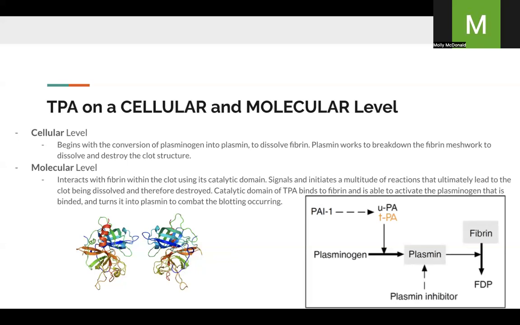TPA on a molecular level interacts with fibrin within the clot using its catalytic domain. This signals and initiates a multitude of reactions that ultimately lead to the clot being dissolved and therefore destroyed. This catalytic domain of TPA binds to fibrin and is able to activate the plasminogen that is bound and turns it into plasmin to combat the clotting occurring.